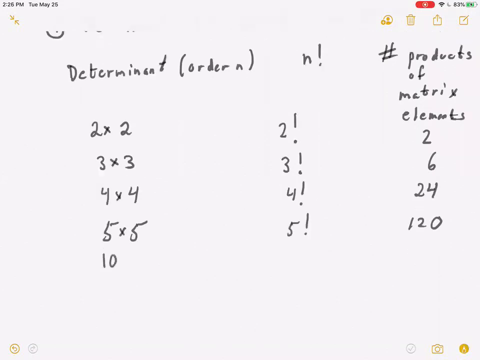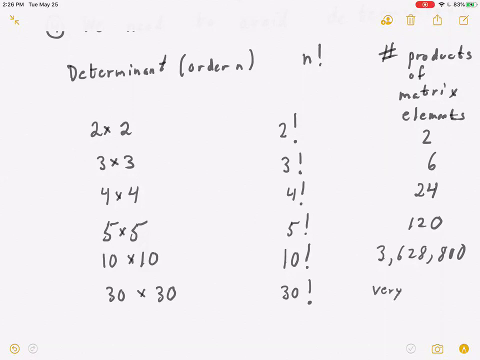A 10 by 10 matrix is not really that big, but if you use this analysis, it turns out that there will be 3,628,800 terms. And if you go to a slightly larger matrix, 30 by 30, which again, by modern computational science and engineering standards, is not a big matrix, it's going to have a number of terms that I'm not going to be able to write down here.